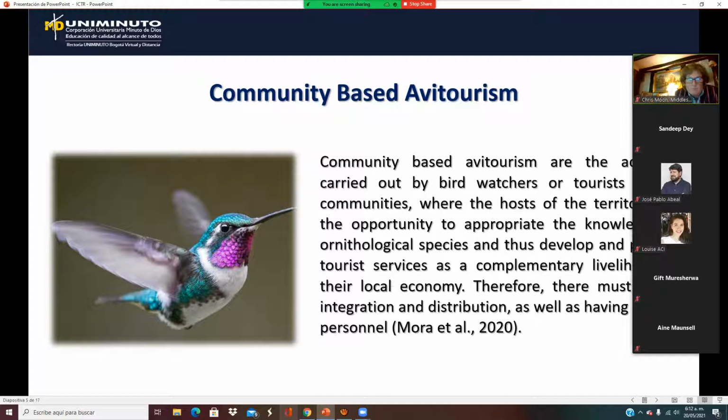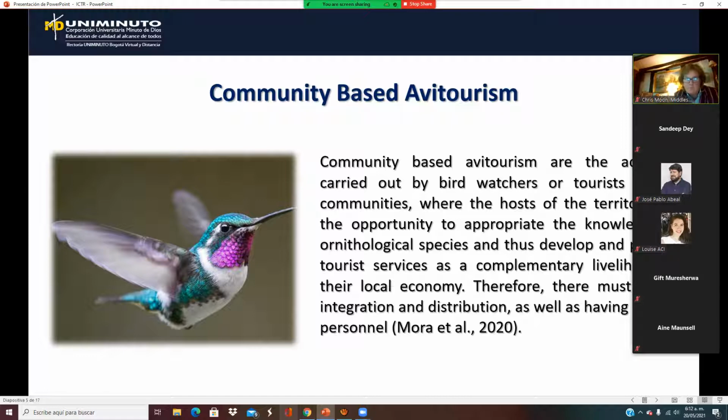Community-based tourism is about bird watchers or tourists that stay in the communities, and the inhabitants are the hosts of the territory. It is pretty important because the community learns about ornithological species, and they can guide or teach the tourists about it. It is something new, and it is growing.